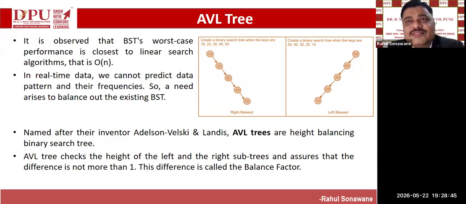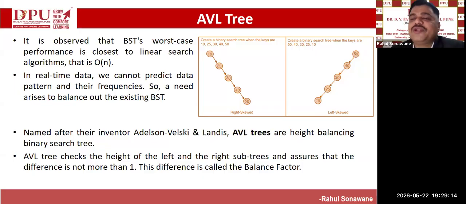If the information is less than the root, we keep it in the left subtree, and if it is greater than the root, we keep it in the right subtree. That's why we named it a binary search tree, because it is very helpful for the searching operation, right? Now, that binary search tree also has some drawbacks.